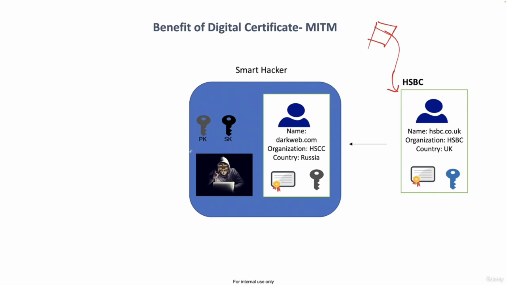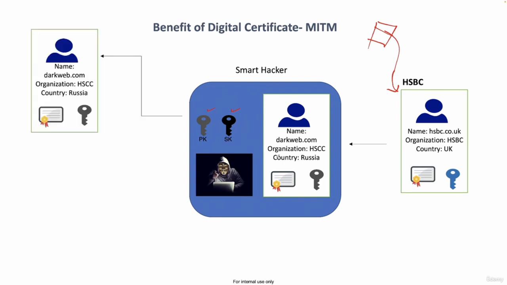That smart hacker has his own public key and private key, and he will imitate this certificate and create his own, something like name darkweb.com, organization HCC, country Russia, and try to send this certificate back to the client who was requesting it, right?